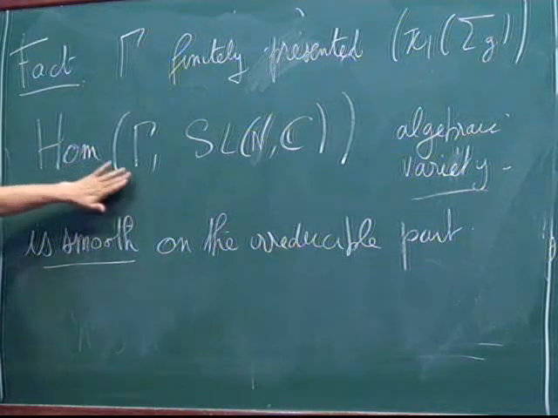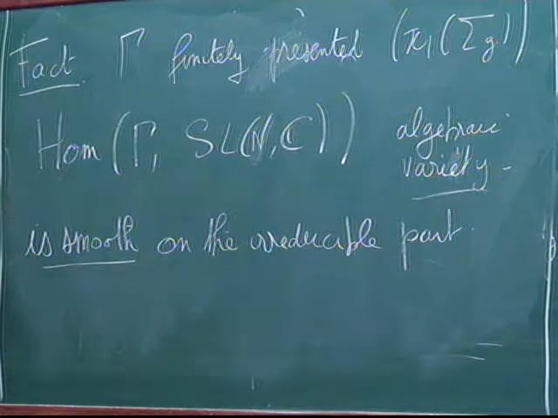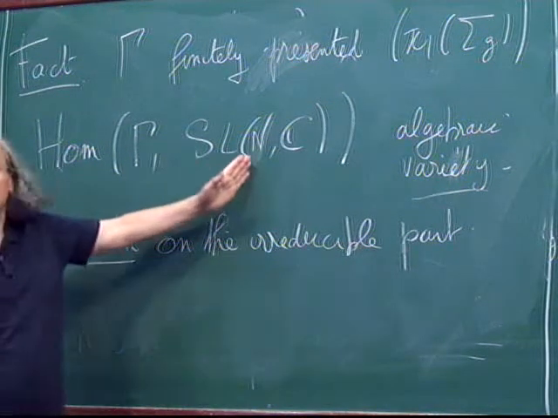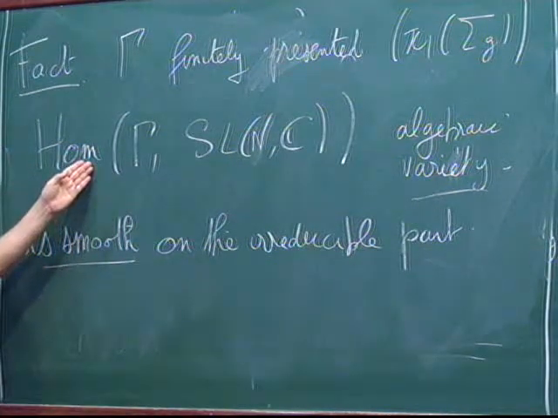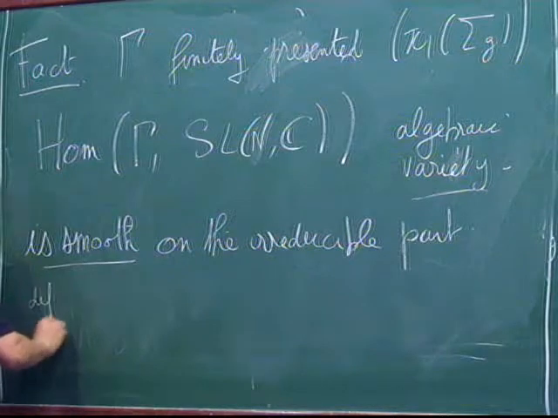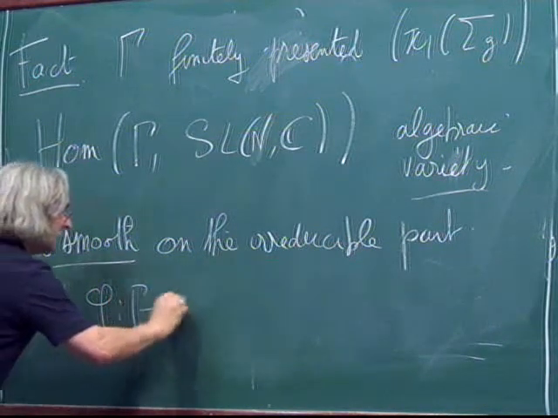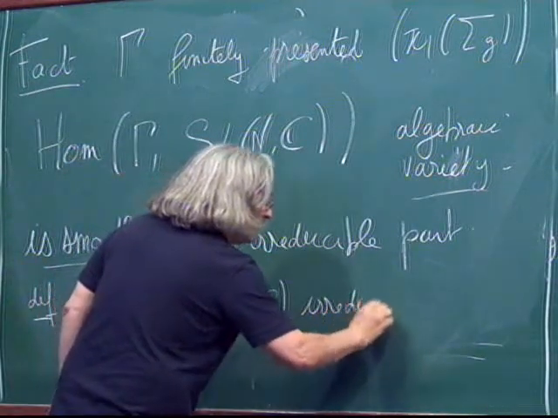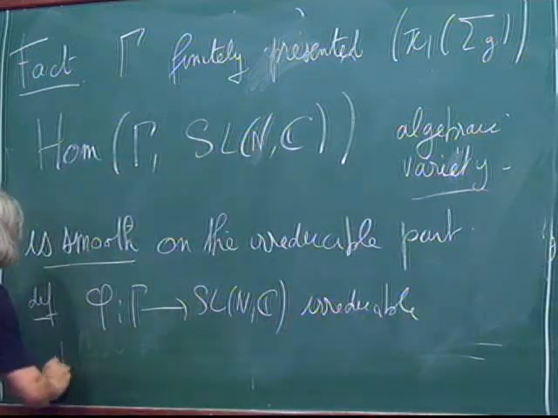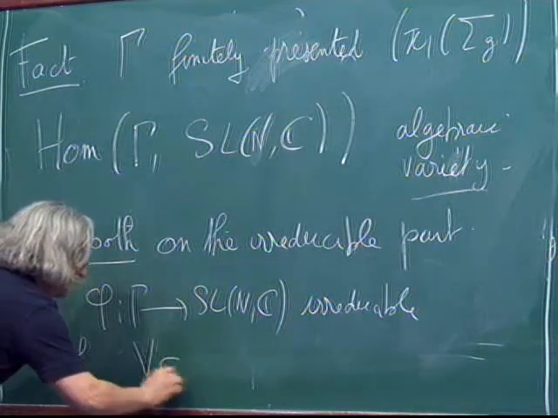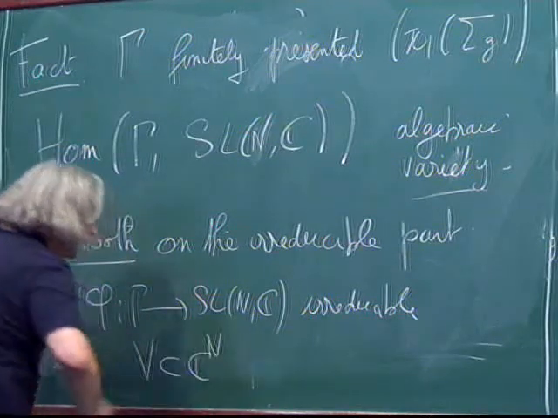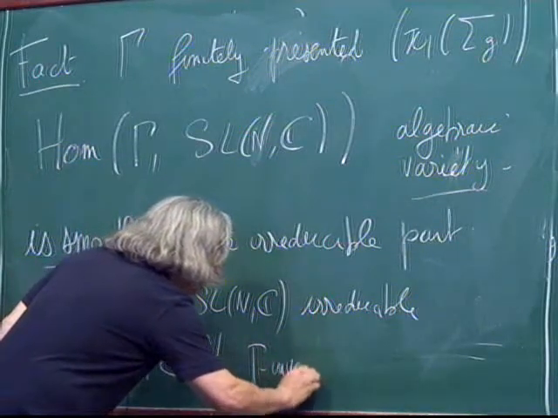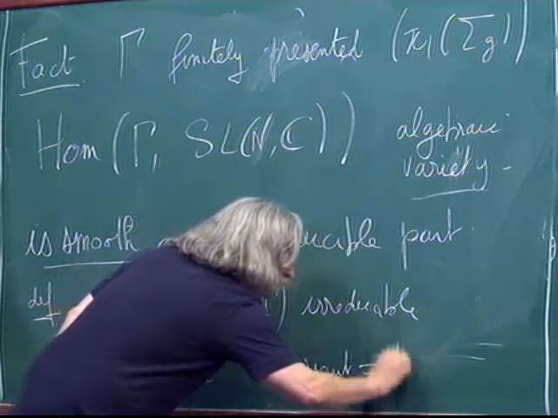A representation from gamma to SLNC is just a homomorphism from gamma to SLNC. And then one says that such a representation is irreducible if there is no non-trivial subspace in Cn which is gamma invariant. So, definition: a homomorphism phi from gamma to SLNC is irreducible if any subspace V contained in Cn, which is gamma invariant, is trivial.